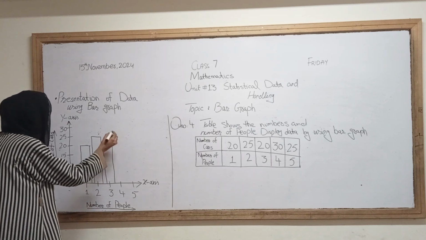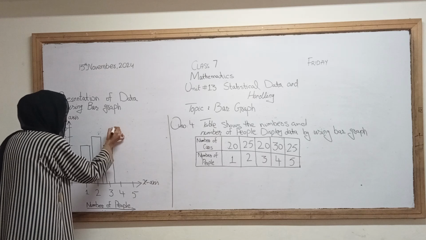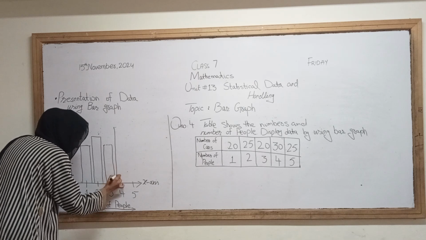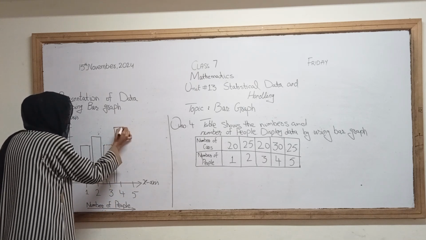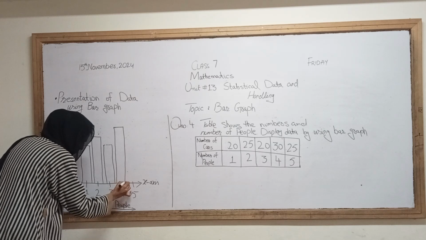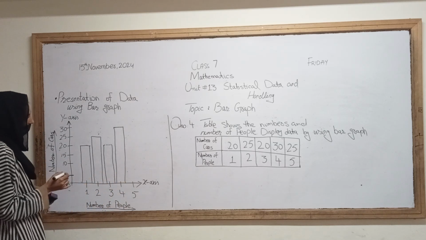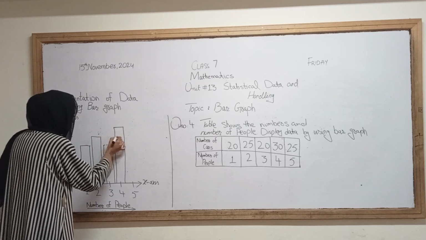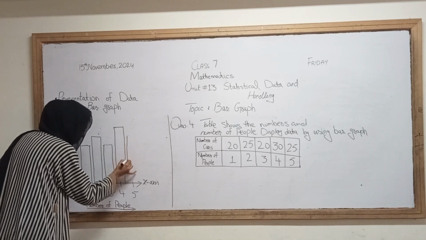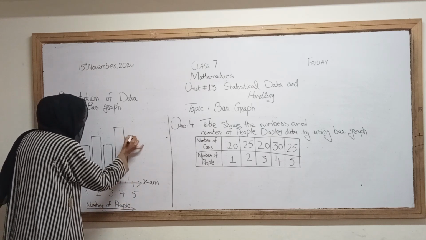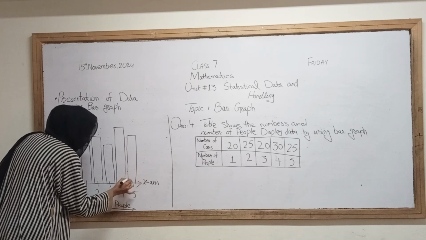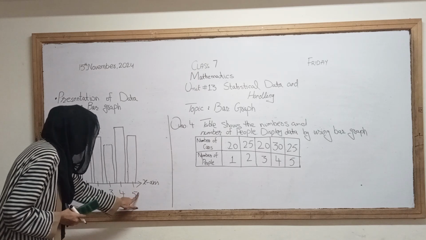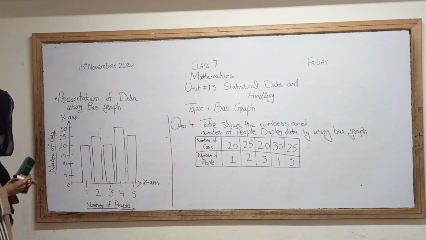And there are 30 cars in which 4 persons are present, and there are again 25 cars in which 5 persons are present. So we have drawn our bar graph.